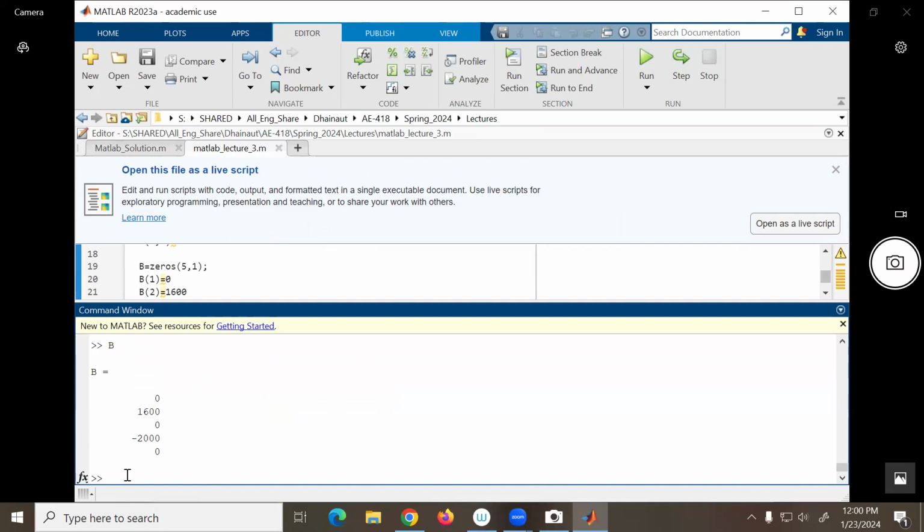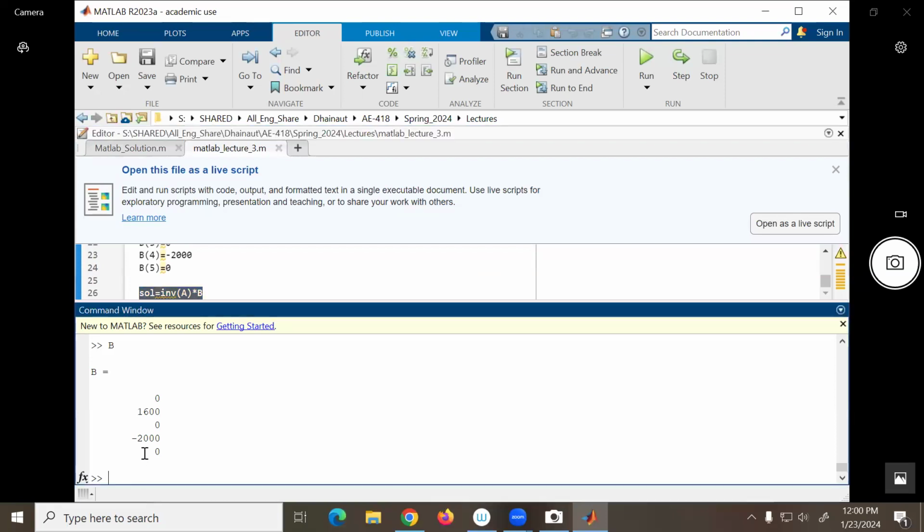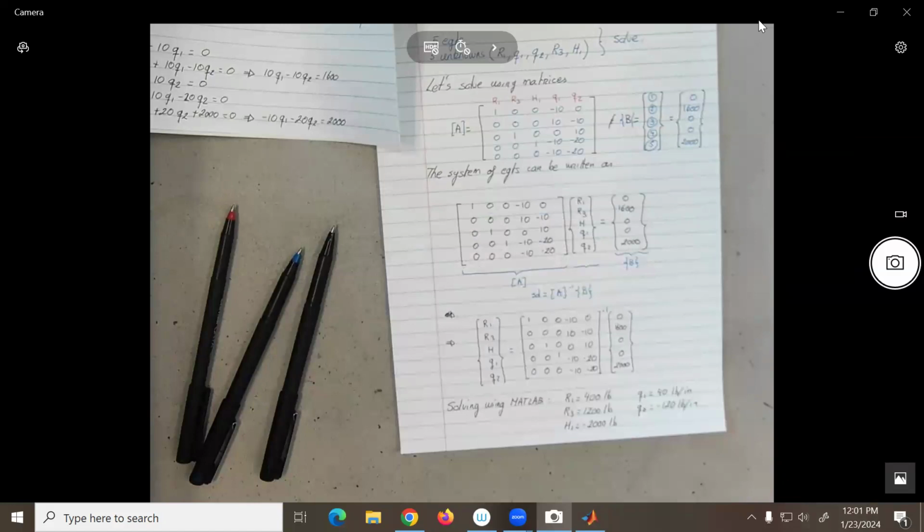It will be B. And then once you do solve A inverse B, we got the solution. If you multiply this by 1,000, this will be 400, 1,200, minus 2,000, 40, and minus 120. Okay? Pretty straightforward. Any questions so far?